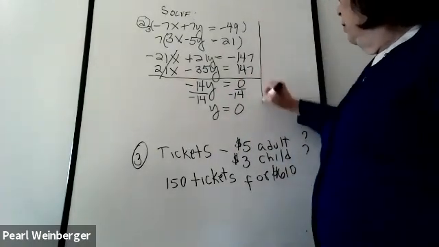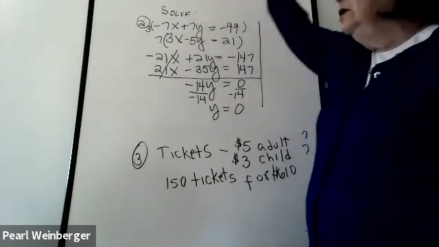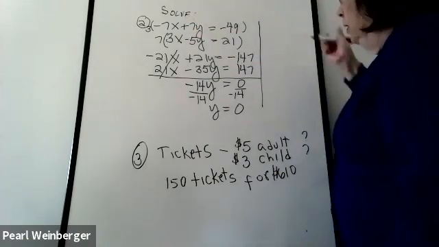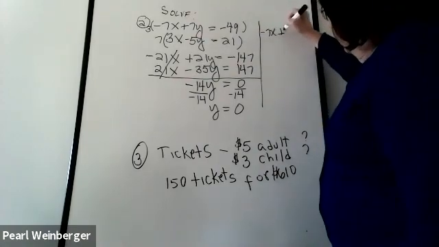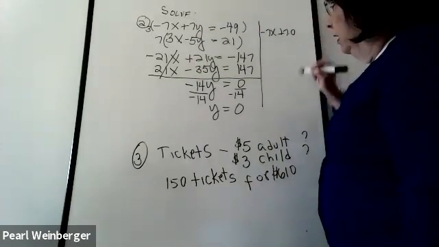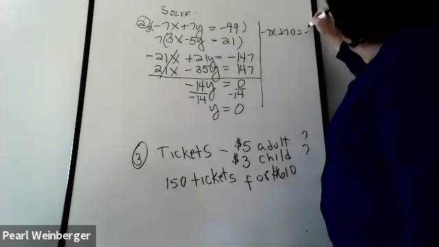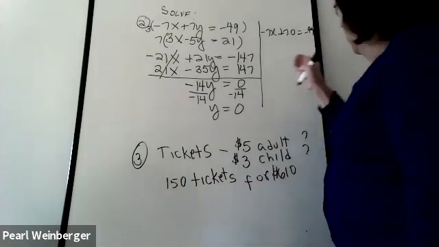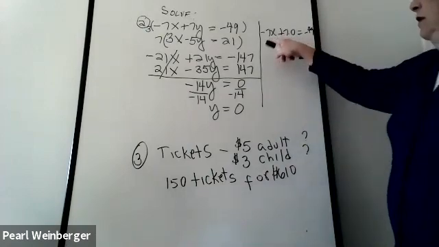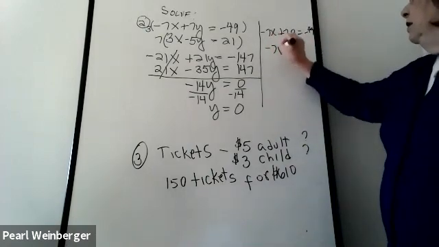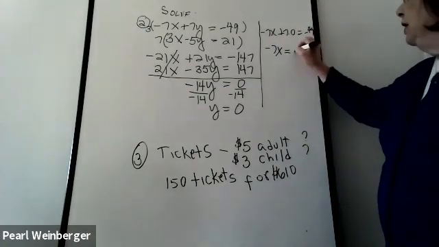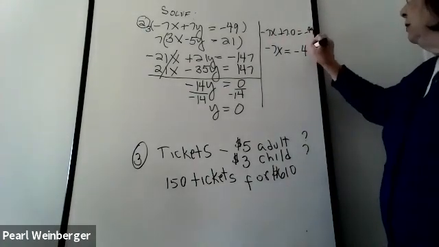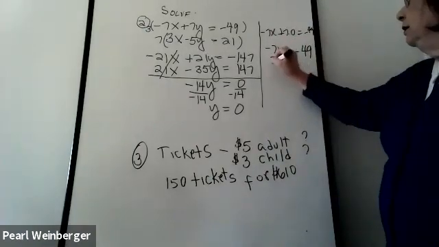Now I have to figure out what the x is. So let's go back to the top one, it doesn't matter which one I take. Negative 7x plus 7 times 0, because that's what y is, equals negative 49. That leaves me negative 7x equals negative 49, since 7 times 0 is just 0.